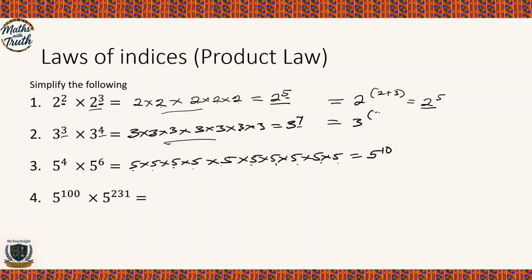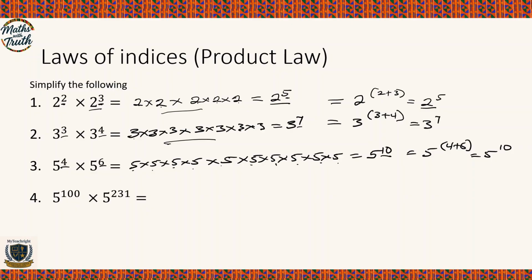Still, plus works. And that gives us 3 exponent 7. And then we have 5 exponent 4, 5 exponent 6, 4 and 6, and that gives us 10. Okay, it works again. 4 plus 6, and that gives us 5 exponent 10.